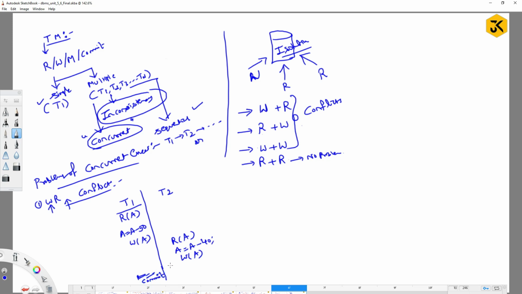Is there any problem in these transactions? Just think about it. If you observe, there is a conflict called a write followed by a read operation.